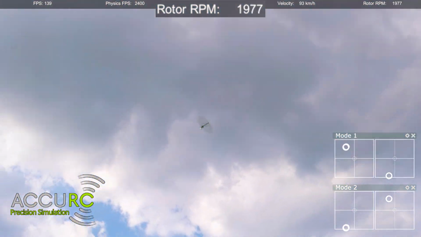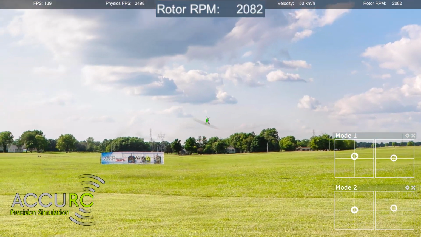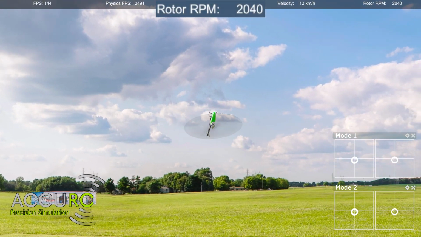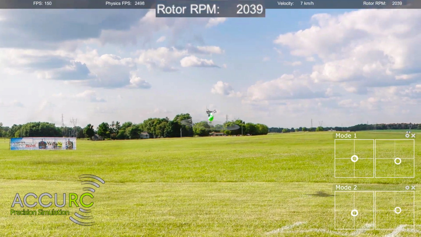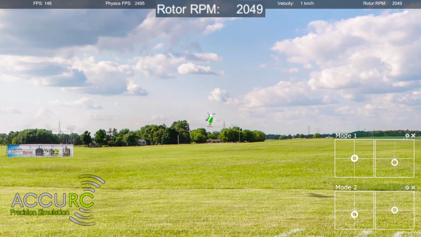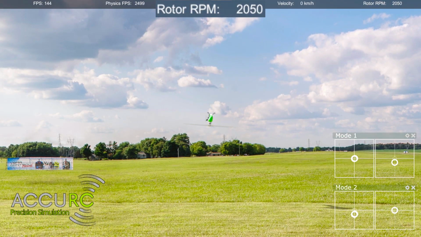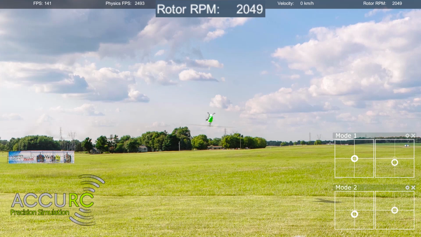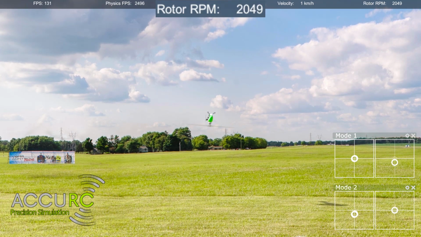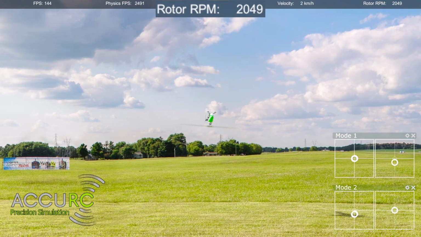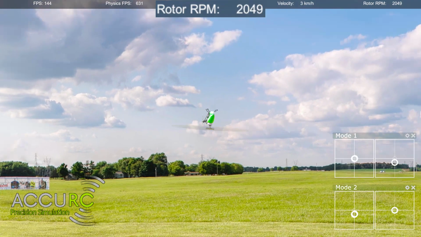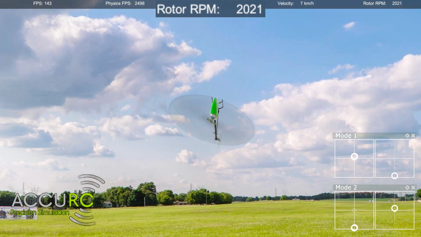I asked them for a video, and what they did was they came in, they flared, but they did not trade their linear kinetic energy for RPM by actually flaring. They used the energy they had in the rotor to stop the helicopter. And that obviously is not what you want to do. A flare should not use RPM.